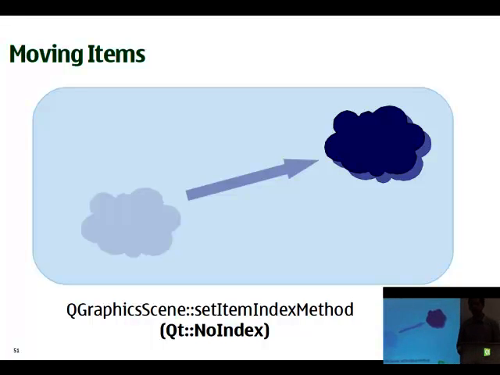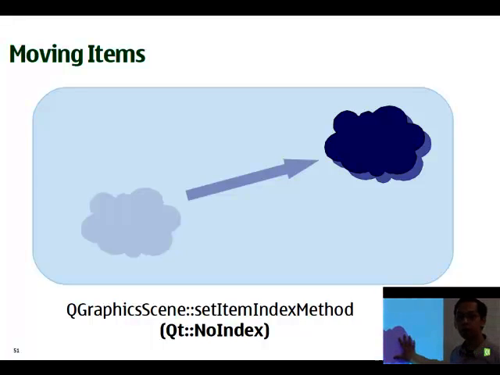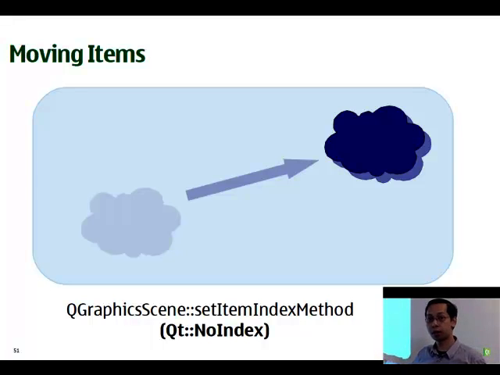So that could be expensive. If for a short period of time you need to move this to there, then you can temporarily call this function, setItemIndexMethod, and use no index. After the item is in a fixed position again, you can return to using the BSP indexing. That usually speeds up the rendering.